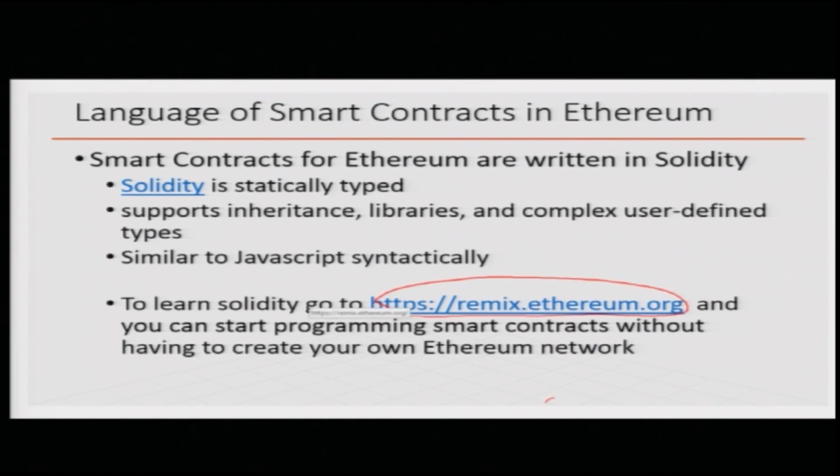They also have some example smart contracts already there, and it has a test network, so you don't have to start your own Ethereum network. But very soon we'll also see how to use Ganache CLI, which is a command line interface for creating a test Ethereum blockchain, and also create contracts using Truffle, and you can use that for doing some programming practice for Ethereum smart contracts.